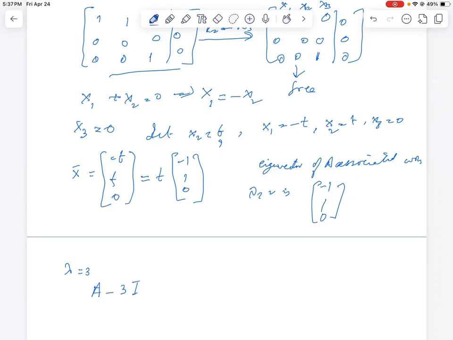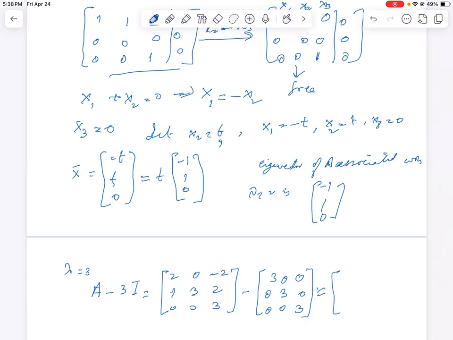And A is 2, 0, -2, 1, 3, 2, 0, 0, 3. Minus 3I means 3, 0, 0, 0, 3, 0, 0, 0, 3, which gives us, in the first row and first column, we have 2 and -3, so we get a -1.